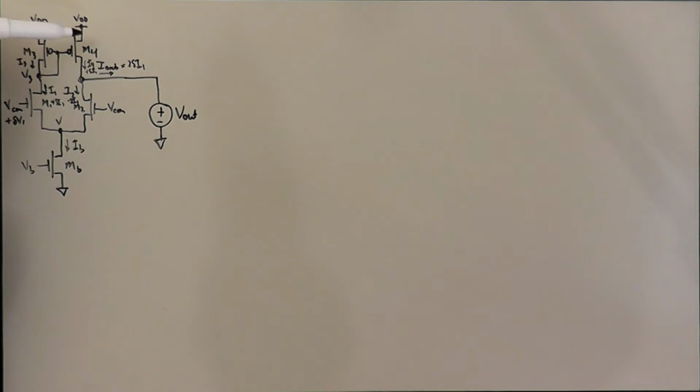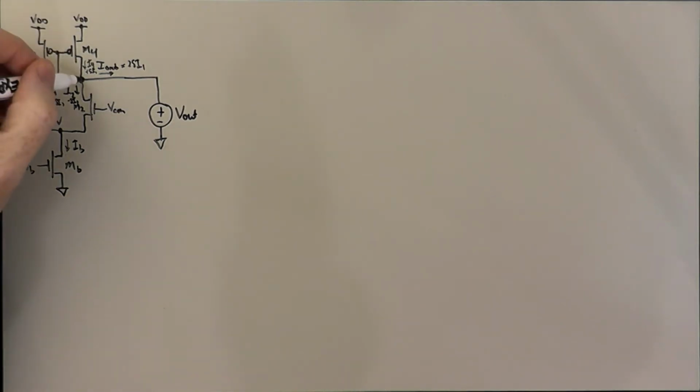And the only way for the currents to equilibrate would be for one of these two transistors to move out of the saturation region and into its ohmic region. And that would allow V out to stop at some place.